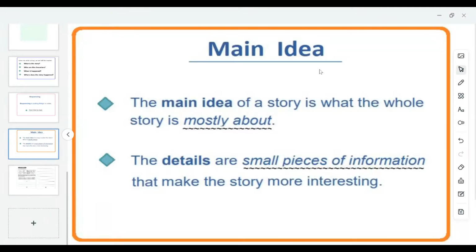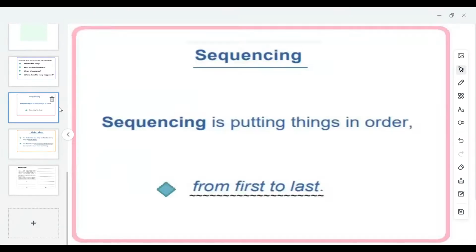What do you talk about the most? And what are the details? Then we also want to know the sequencing.